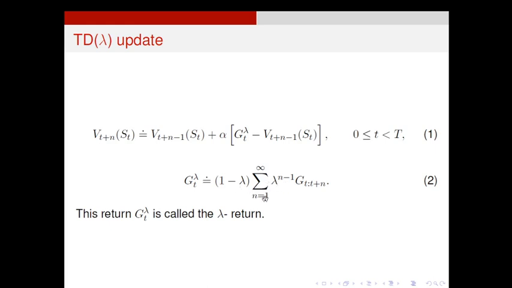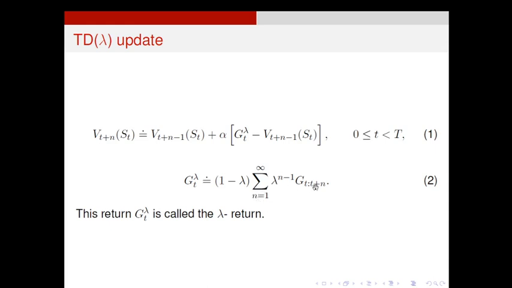In that sense, we can compare this sigma n equal to 1 to infinity (1 minus lambda) into lambda raised to n minus 1 G t to t n plus 1 with the form sigma n equal to 1 to infinity p of x into x. Instead of n, you can choose x: sigma x equal to 1 to infinity p of x into x.